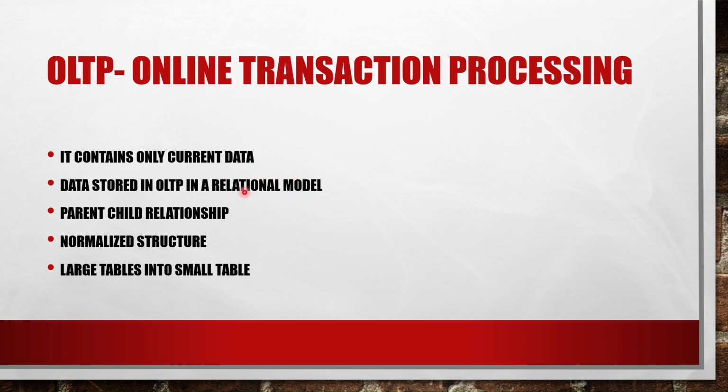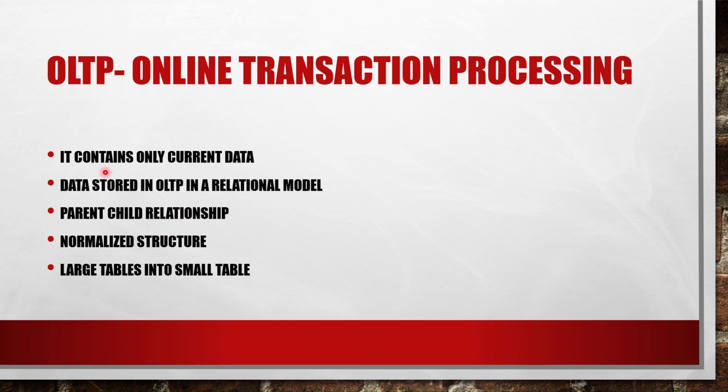The structure of OLTP is a normalized structure, that is, larger tables broken into smaller ones. OLTP is online transaction processing. It stores the current data in the form of relational models, parent-child relationships, and the structure of OLTP is a normalized structure.